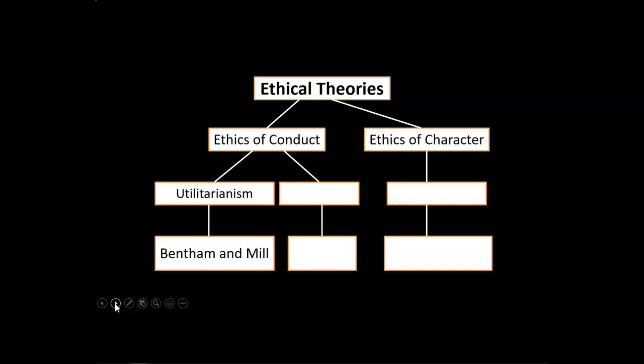In the case of Bentham, primarily on the basis of pleasure. In the case of Mill, primarily on the basis of happiness. The second theory, still an ethic of conduct, what should we do, is deontology, which literally means the study of duty. Immanuel Kant is the one most especially identified with deontology.